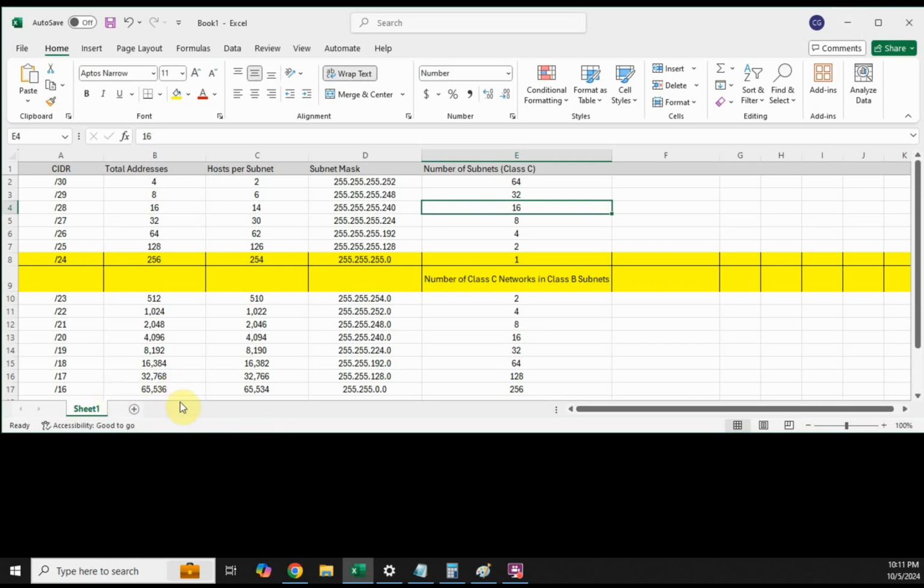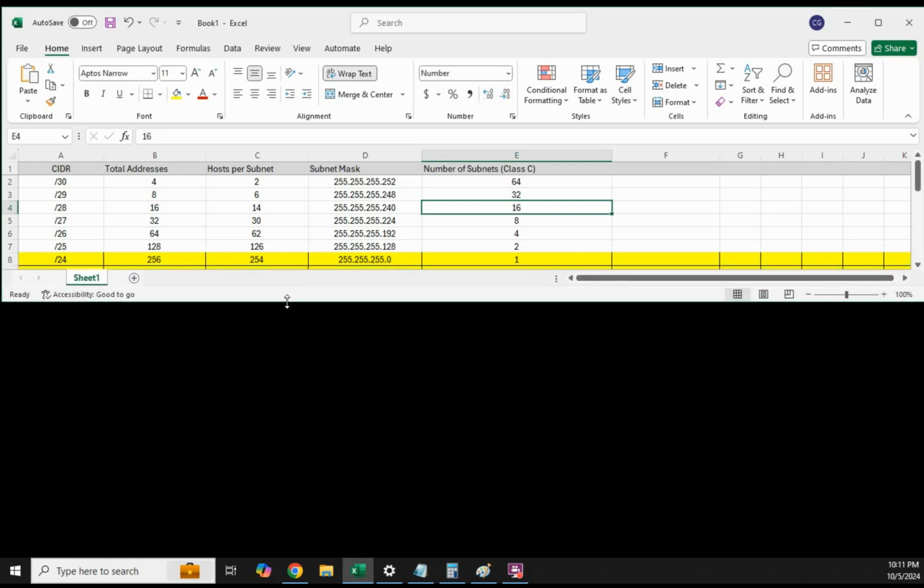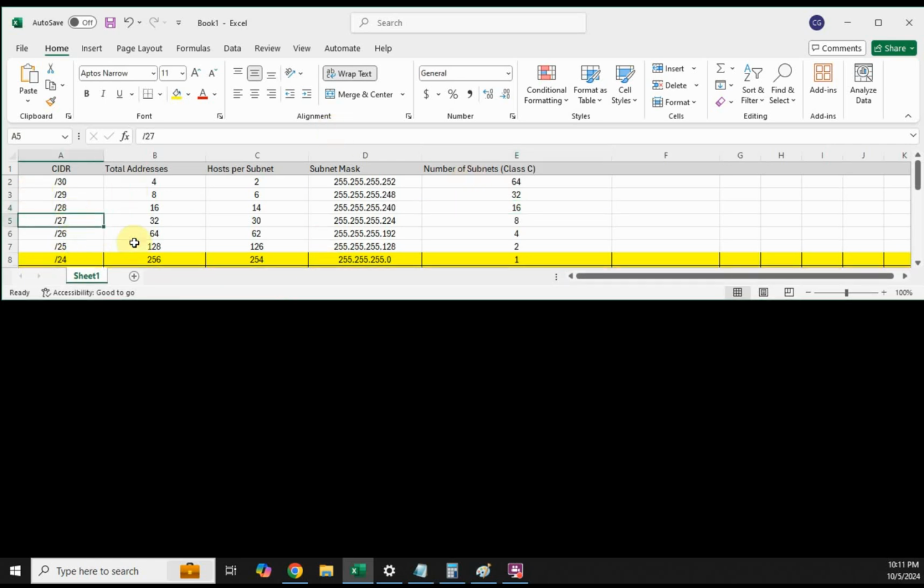I could add on to it if I needed to, but I didn't really need to. As long as you understand how this correlates with this and with that, how the CIDR notation correlates to the number of addresses and how many subnets that is for a Class C.